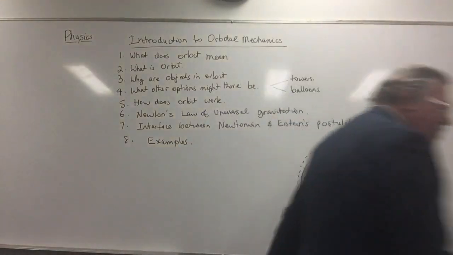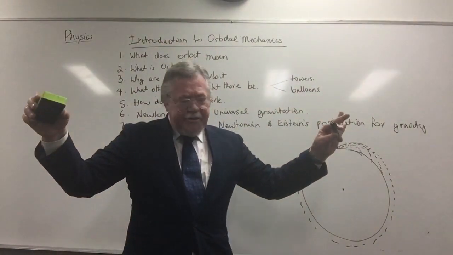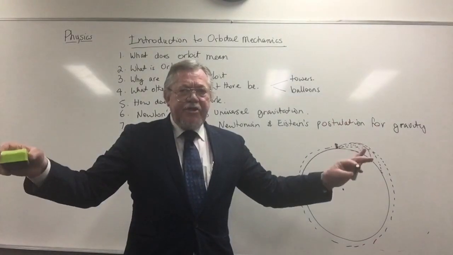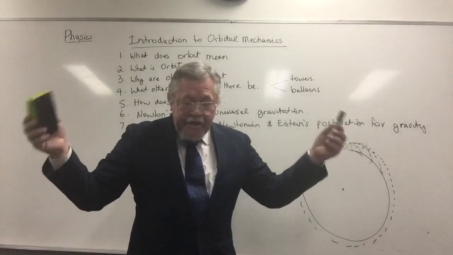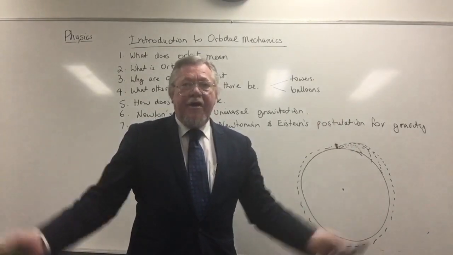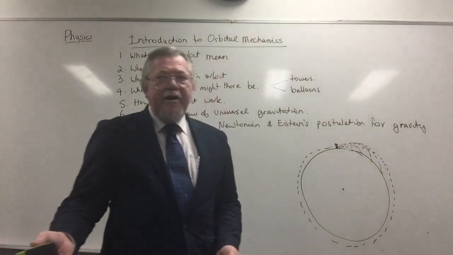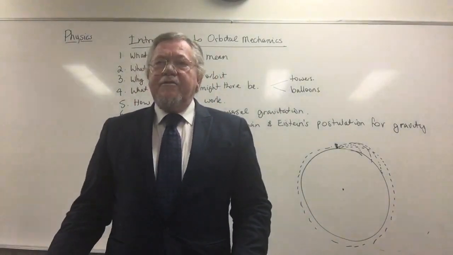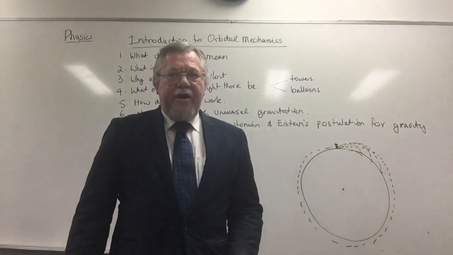So, if I drop these two things from the same place, and they are both subject to the same amount of friction from the air, they will hit the ground at the same time. If you put them in a vacuum chamber where there's no friction with respect to air, then they will always hit the ground at the same time.